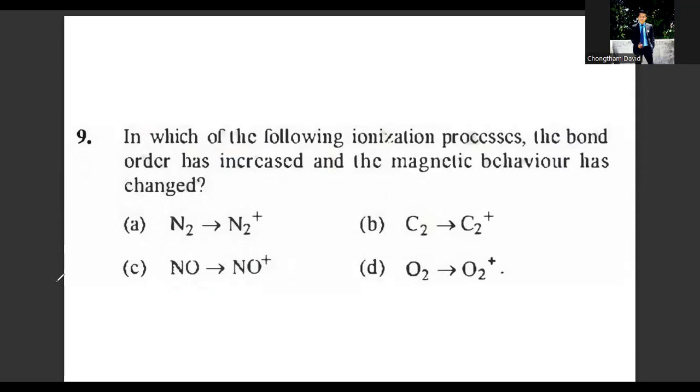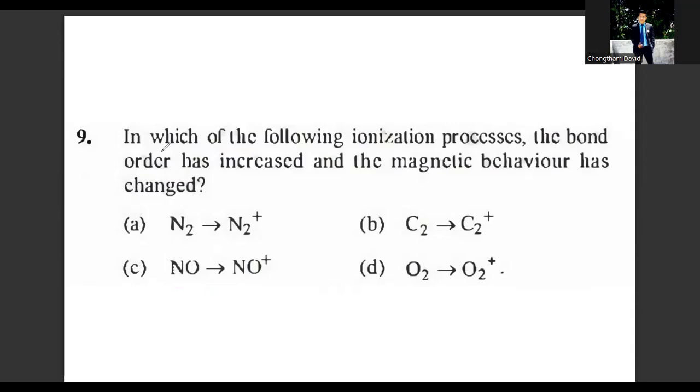Question number 9. In which of the following ionization processes has the bond order increased and the magnetic behavior changed? So in nitrogen, the bond order is 3 and it is diamagnetic, whereas in N2 minus, the bond order would be 2.5 and it is paramagnetic. In C2, a diatomic homonuclear, bond order is equal to 2 and diamagnetic.